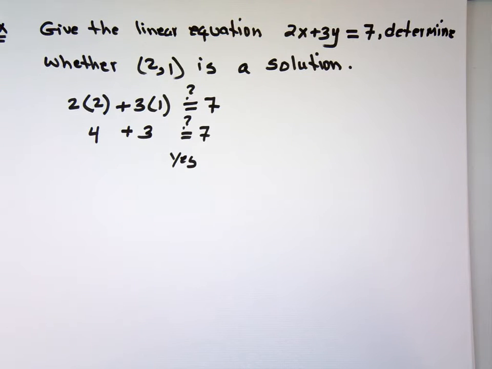What does that mean, that point is a solution? What that means actually, if I graph that equation, 2x plus 3y, that point is going to be on the line. That's really what that means.